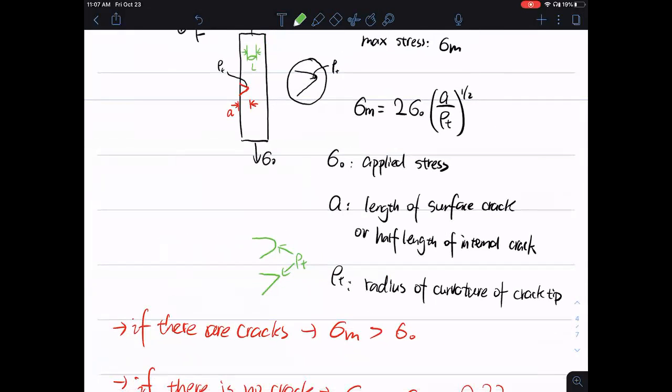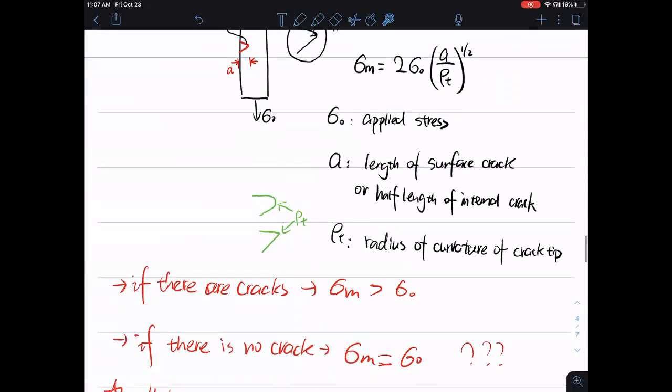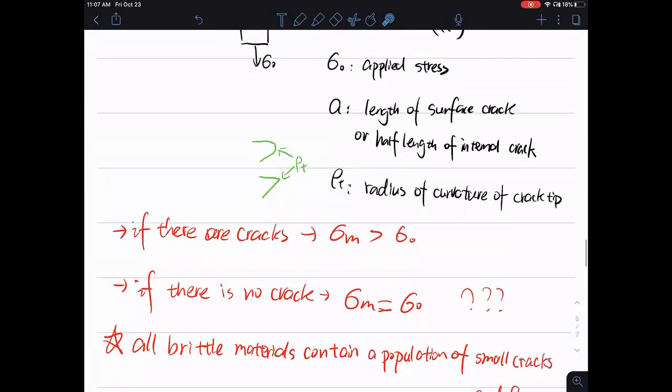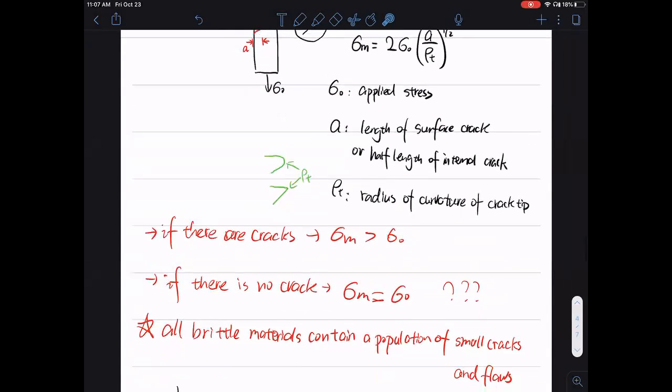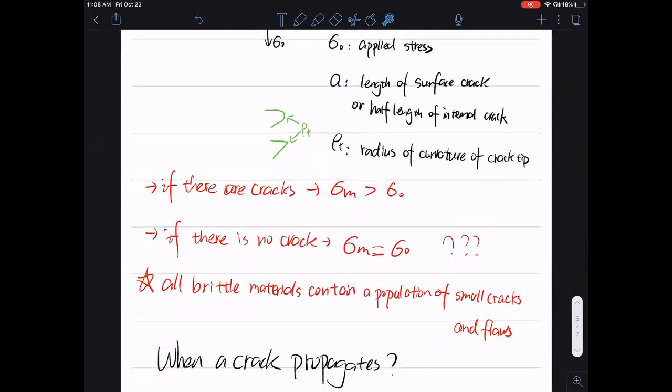So once we know the geometry of the crack, types of the crack, we can use this equation to calculate what is the maximum stress in a material. And if there's no crack, the sigma m is going to equal the sigma naught. But in most of the cases, this sigma m is going to be greater than the sigma naught. So that's one equation we learned to calculate maximum stress.